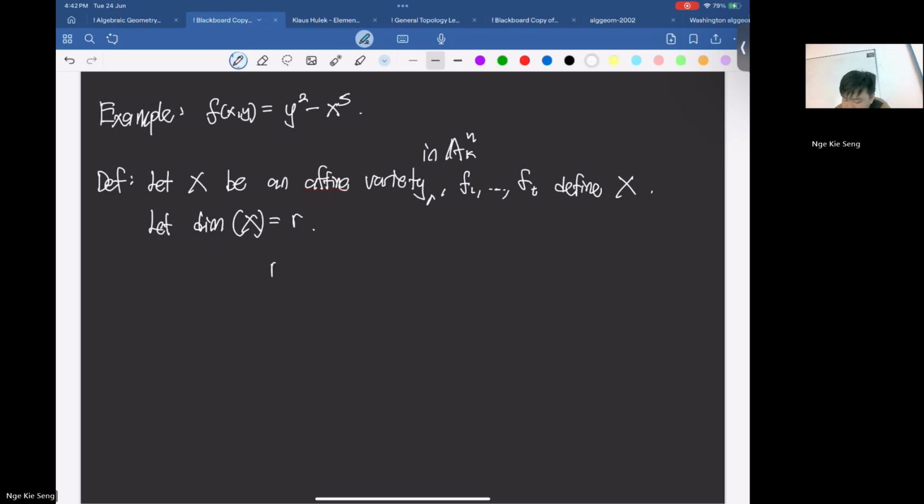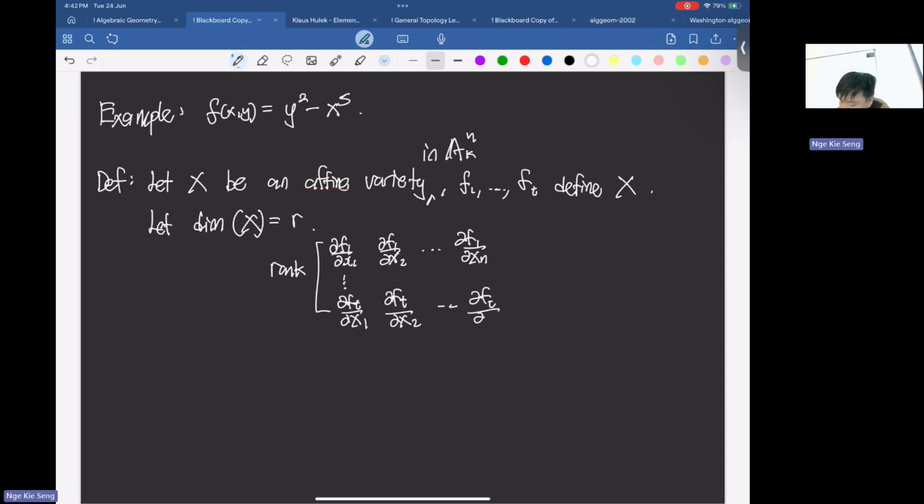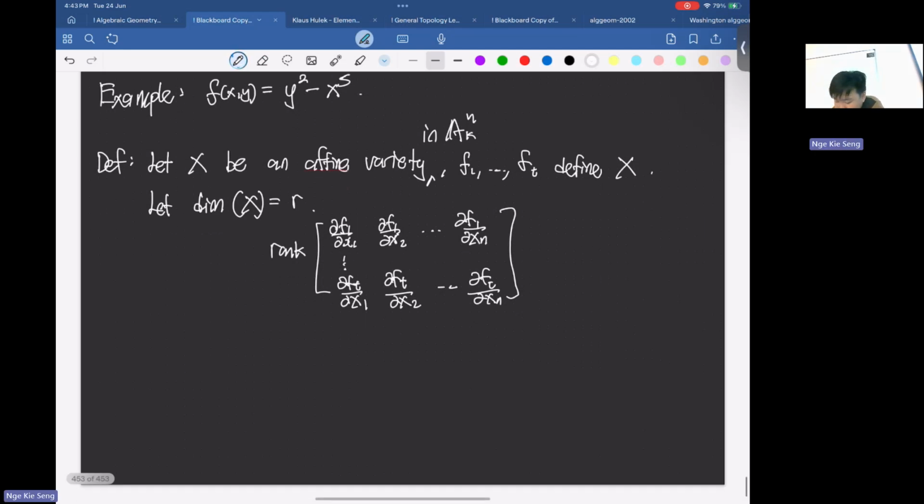Then the rank of the Jacobian matrix is: partial f1 partial x1, partial f1 partial x2, until partial f1 partial xn, and then here is partial ft partial x1, partial ft partial x2, and partial ft partial xn.